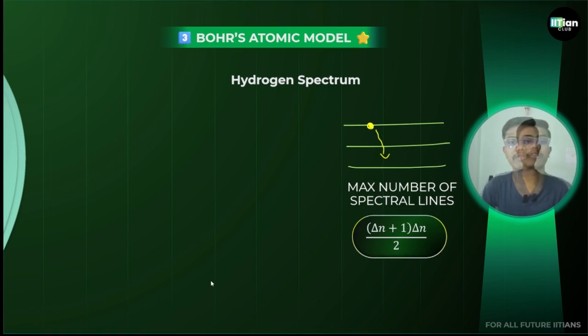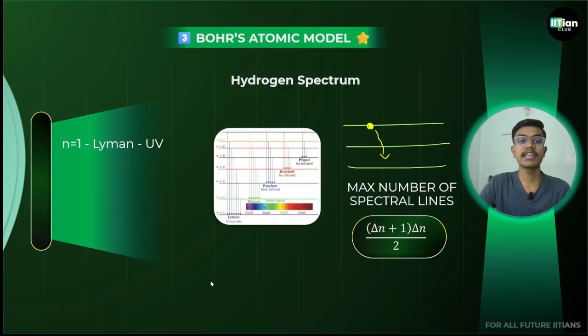Moving on, we have the hydrogen spectrum. When an electron jumps from a higher energy level to a lower energy level, it releases wavelengths of certain regions. If the electron is jumping from some orbit number to n equal to 1, that is to the lowermost orbit, then we call it a Lyman series and it comes under the UV region.